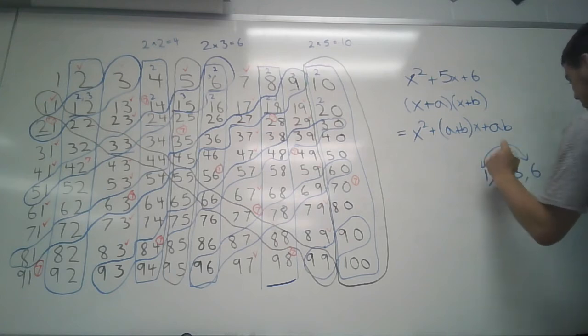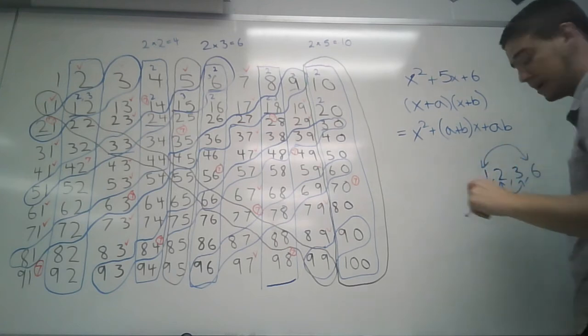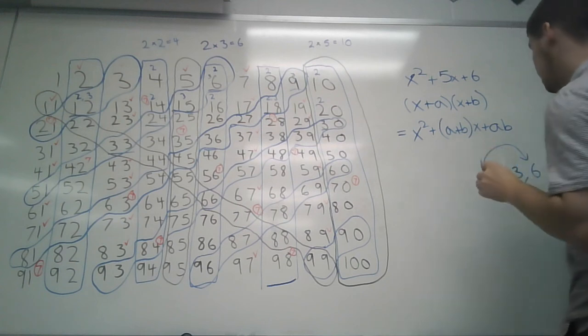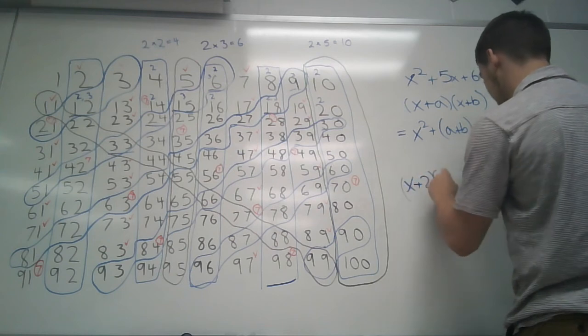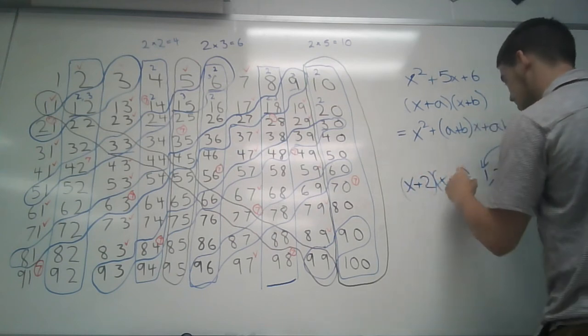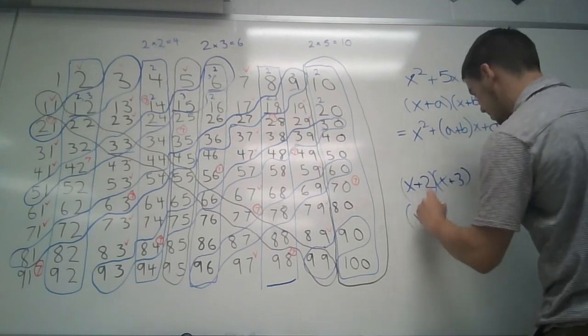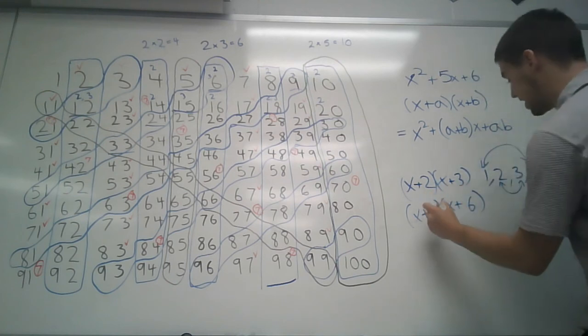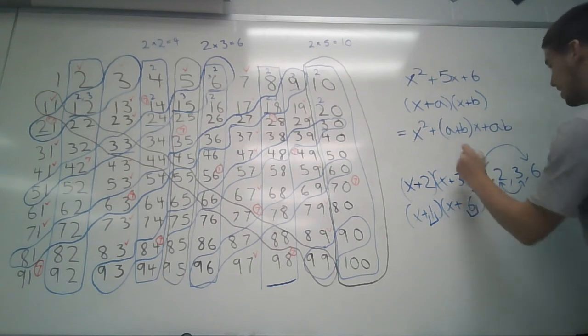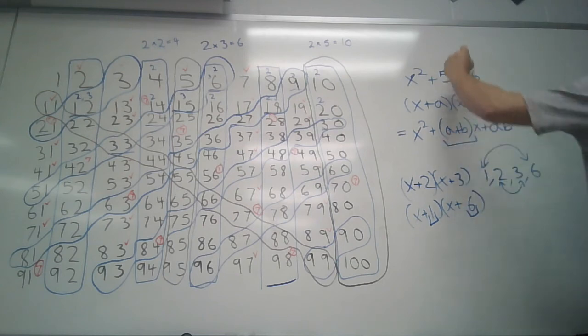This pair multiplies to 6, and this pair multiplies to 6, and no other pair can do that. So we either have x plus 2 times x plus 3, or x plus 1 times x plus 6. In this case, 1 plus 6 gives us 7, so we can't do that.